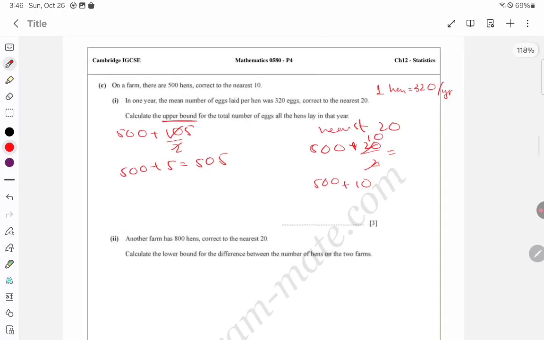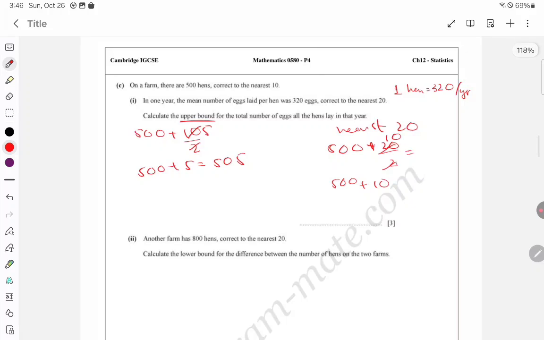Now this is not for the 20. Now in part 1, the eggs laid per year was 320. So for 320, plus 10, it will become 330.